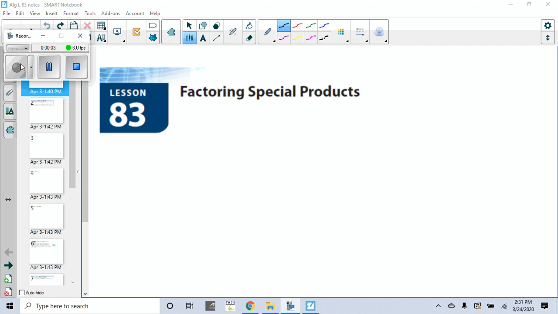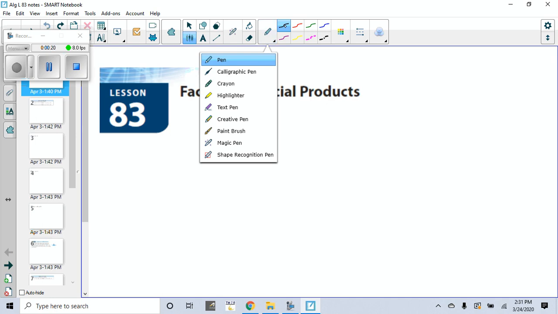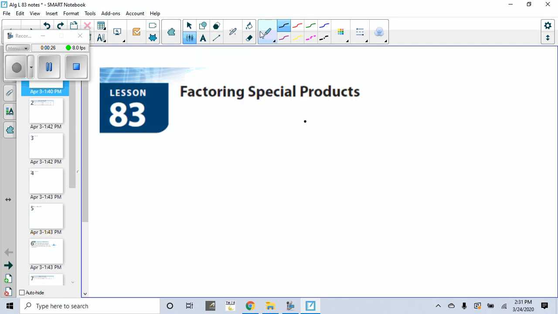Okay, today we're going to talk about lesson 83, factoring special products. So we've already learned how to factor some trinomials, like for instance x squared plus 5x plus 4.